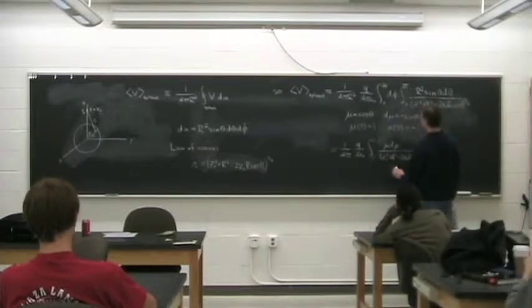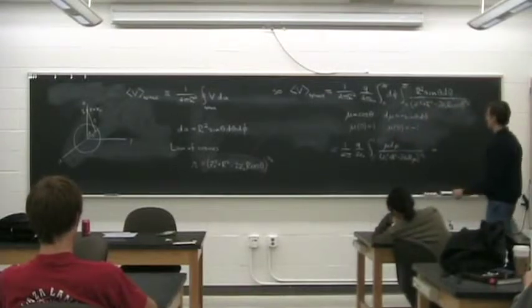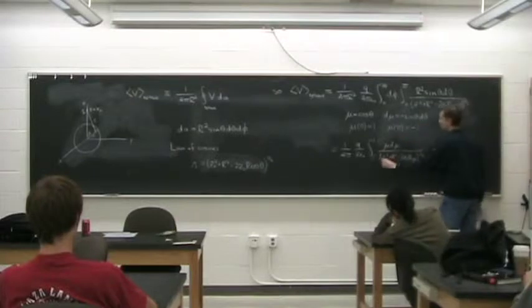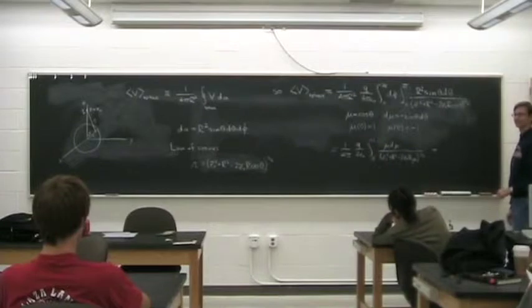Let's see, so this is going to be 1 to -1, but there's a minus sign right here, so it becomes -1 to 1. Does that sound right? That's right. Okay.